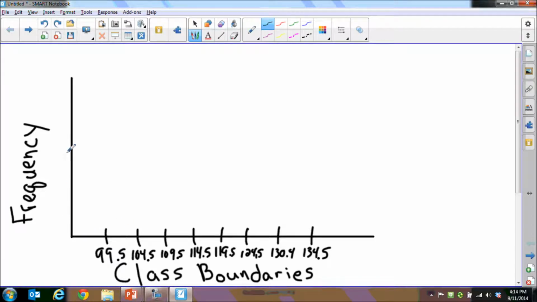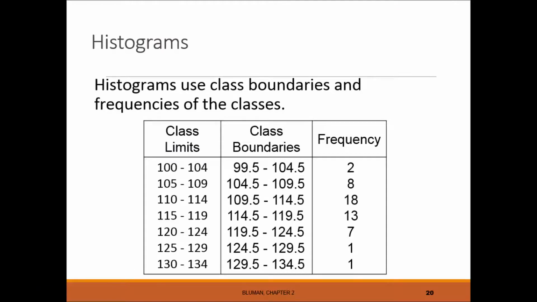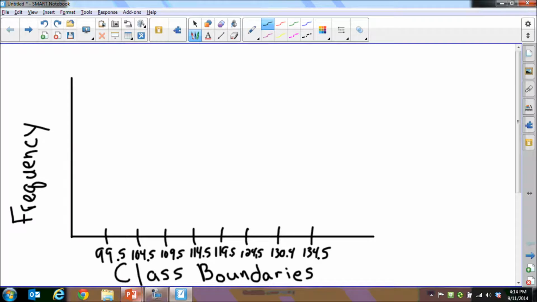Frequency. The scale that you use here depends on how many you have. Now our highest is 18. So when I do this, I want to make sure that I don't have to put 18 tick marks. That wouldn't be very fun. So I could easily get 6, or I could go by 2s, I could go by 3s, but I think I can easily get 6 of them in here.